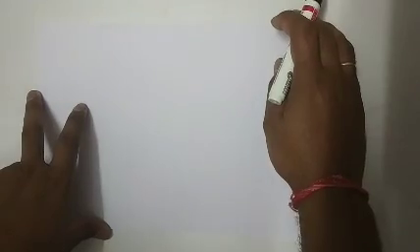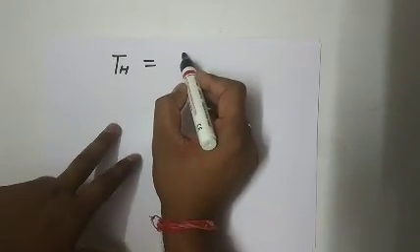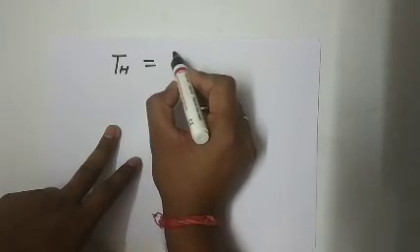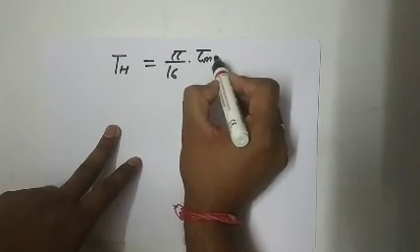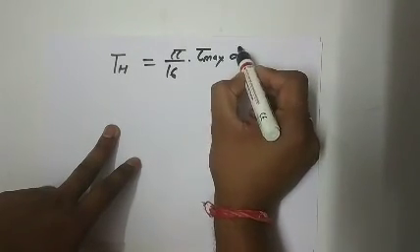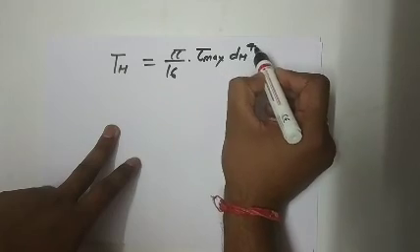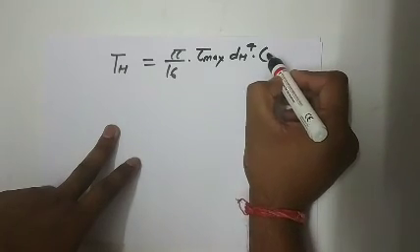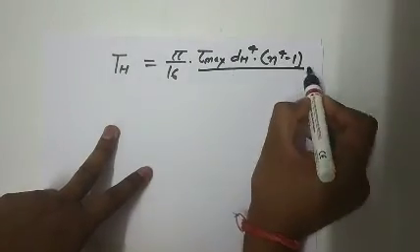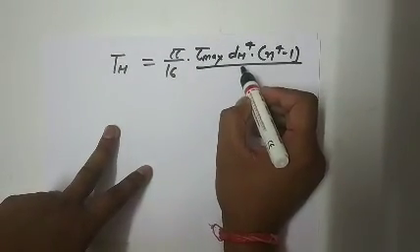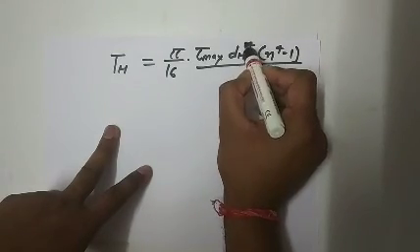Right? Now, say the torsional strength of hollow shaft is Th, and it will be equal to pi by 16 into tau max into Dh to the power 4 into n to the power 4 minus 1 upon n, this will be Dh cube, right?